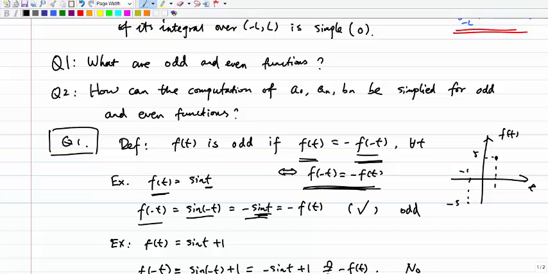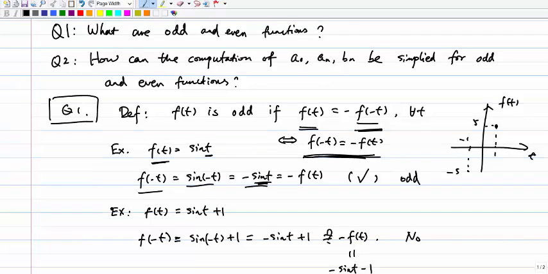The next example is, what if f(t) is sine t plus 1? To see if it's an odd function, we follow the same procedure. We do f(negative t), which means we replace every t by negative t. That gives sine of negative t plus 1, which equals negative sine t plus 1.